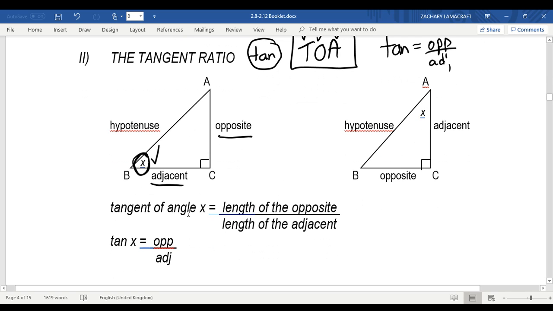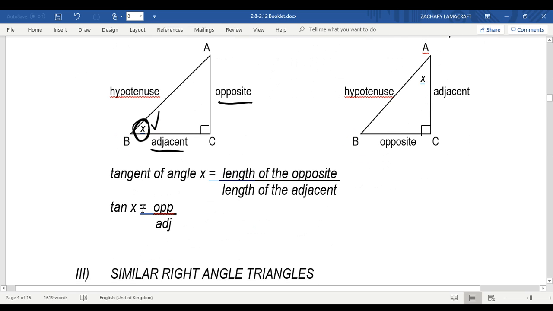So the tangent of an angle x is equal to the length of the opposite over the adjacent, or tan x equals opposite over adjacent, and that's where we get that TOA. TOA being our best friend, that's a little acronym for opposite over adjacent.